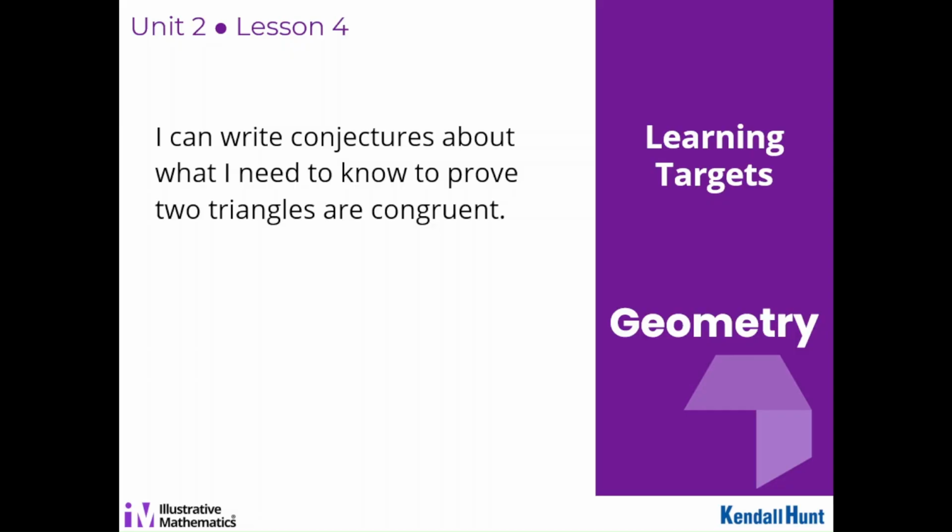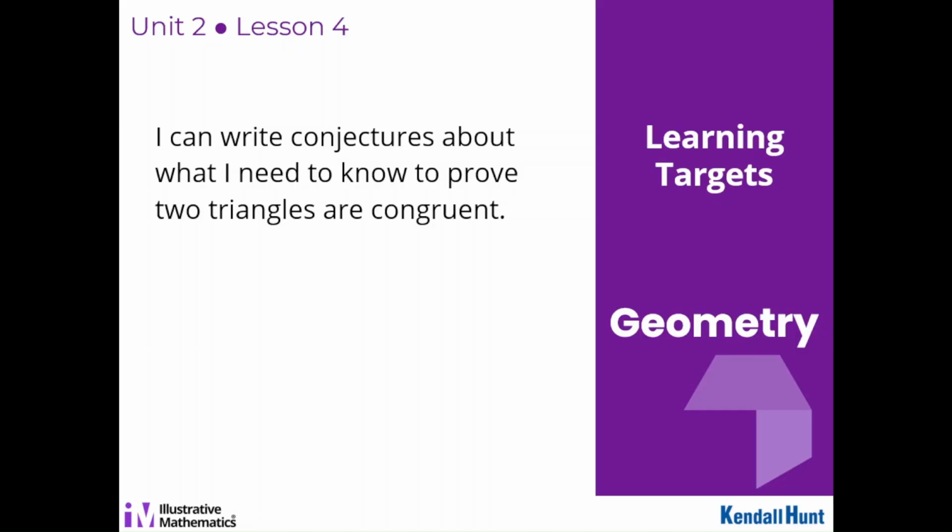So you can write an explanation about how if you have the three side lengths, then you know by side, side, side that the triangles are congruent. You could write a statement explaining how if you have two side lengths and the angle between them, then by side, angle, side, you will know that the triangles are congruent.